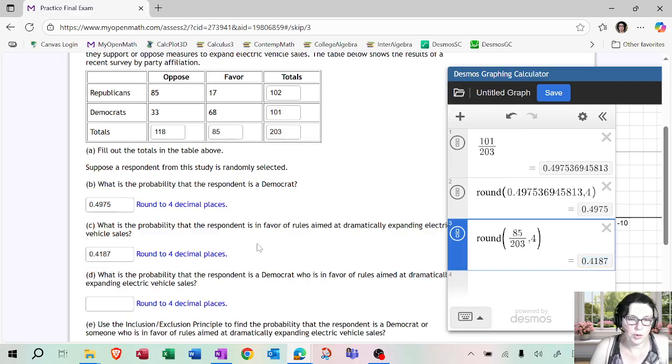Now, this next question gets people a little bit confused. It is just saying, what is the chance that the respondent is a Democrat who is in favor of rules aimed at dramatically increasing EV sales? Here we have to look at the intersection, or overlap, of people who are Democrats and also favor the rules.